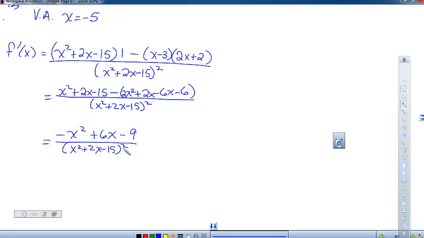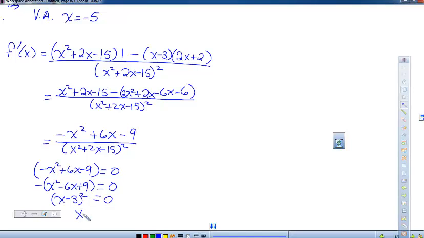Oh boy, we picked a big one. This is factor, and we already factored this.